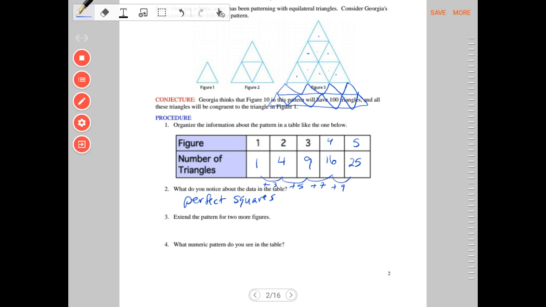So, you can say it increases by the square of the figure number. Okay, so is Georgia's conjecture correct? She thinks that figure 10 in this pattern will have 100 triangles. Well, 10 squared is equal to 100, so it looks like Georgia's conjecture is pretty good.